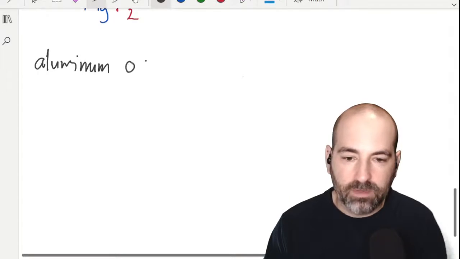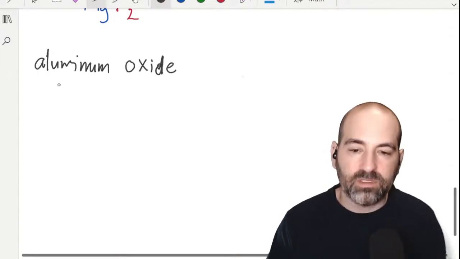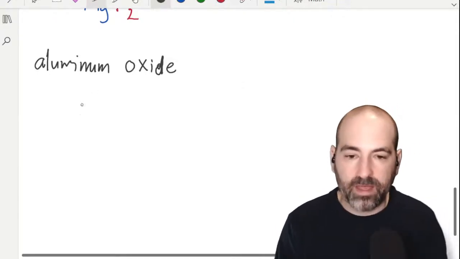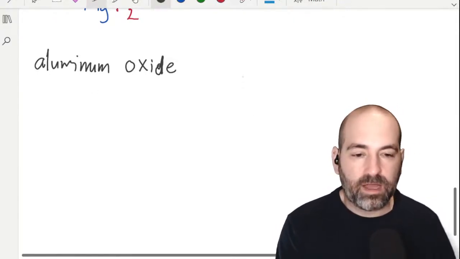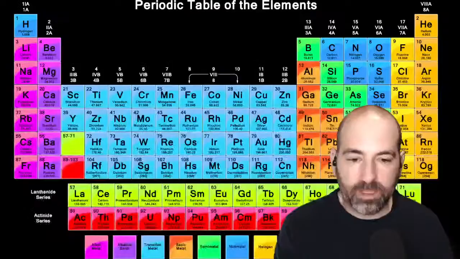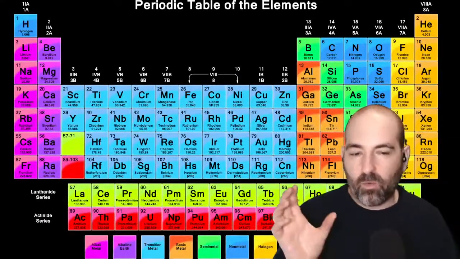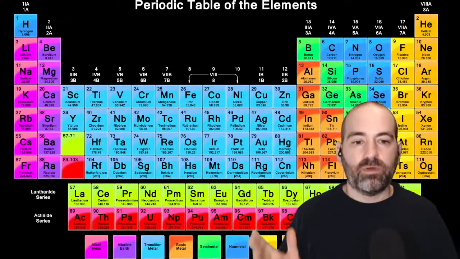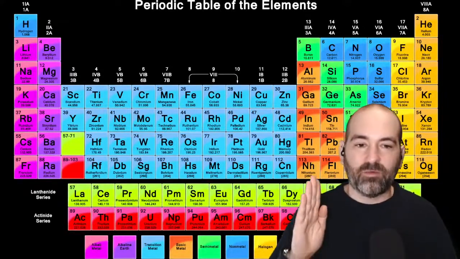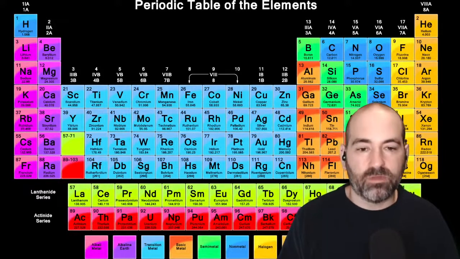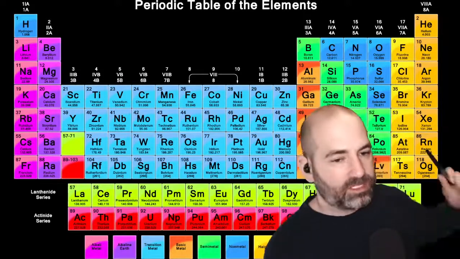So let's look at aluminum oxide. And depending on where you're from, you may also think of this as aluminium. That's another correct name for that. Aluminum oxide. We'll pull up our periodic table again. And I can see aluminum right here, number 13. And that's in that one weird spot where we know it's not in a column where they all have to be +3, but aluminum is +3. And then oxygen is right over here.